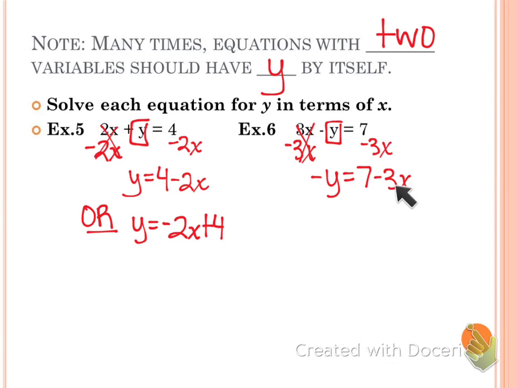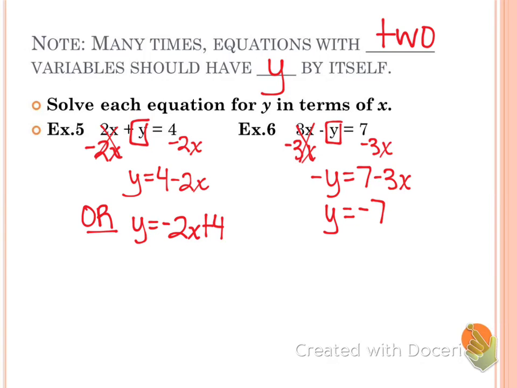Again, these don't get combined. The 7 doesn't have an x. But I don't want a negative y, I want a positive y. So if I change the sign on my y, make sure you're paying attention to this step. The other signs will change on the other side, both of them. So instead of a positive 7, it will be negative 7.